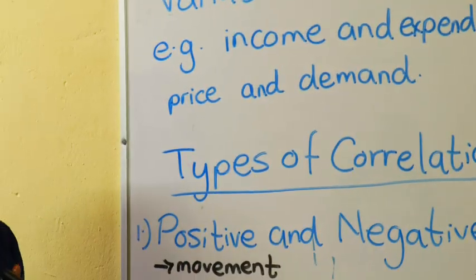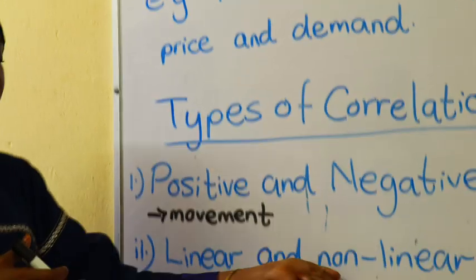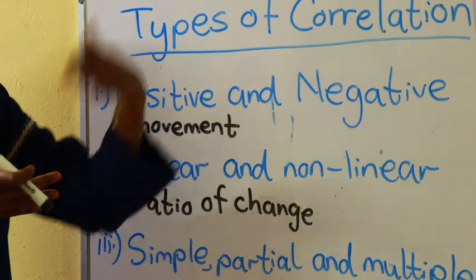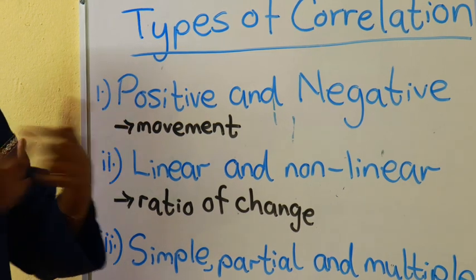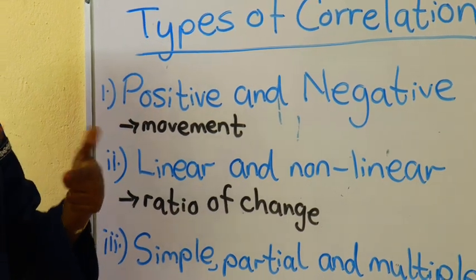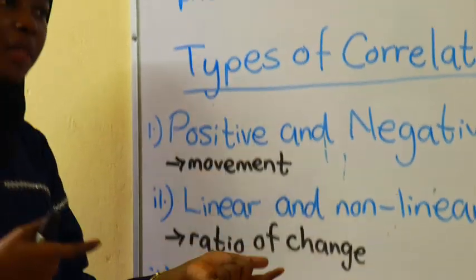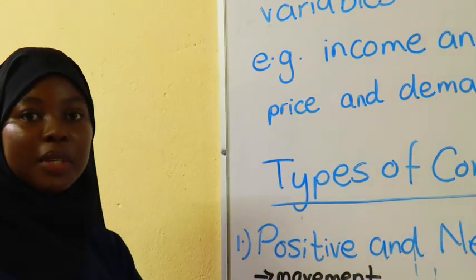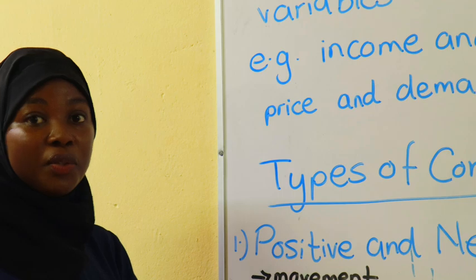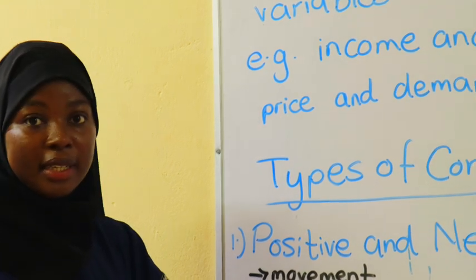That means that it is linear. Say when your income increases by 5,000, and then your expenditure increases by 3,000, you see now that the ratio of change is different. Maybe today your income increased by 5,000, maybe your business did not perform so well and then increased by 2,000. The ratio of change is not a constant, so that is non-linear.